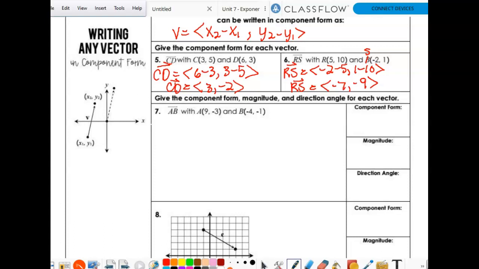On the second one, what do you have to do before you start? You have to have component form. So my AB is going to be negative 4 minus 9 and negative 1 minus a negative 3. And what do I do to minus the minus? It becomes add. So my AB is going to equal <-13, 2>.